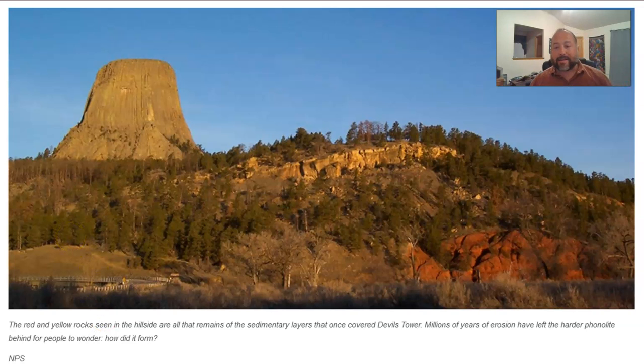So going back to Devil's Tower, because it's a great example, because we got two things going on. Here's Devil's Tower in the background, which is our igneous rock that pushed up from under the Earth's surface, or everything else eroded away. Either way, it works out.